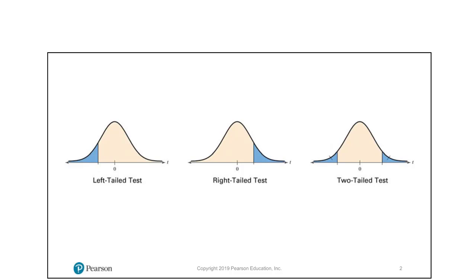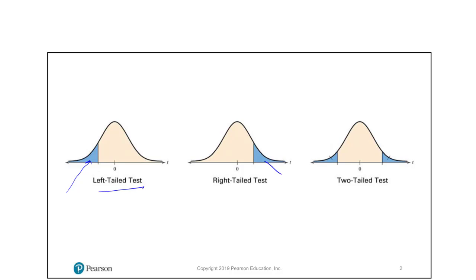So again, just like before, we still have three different versions of this. The difference here is just that the distribution we're looking at is the t-distribution. But still, if we're looking for regions less than some t-value, that's a left-tailed test.